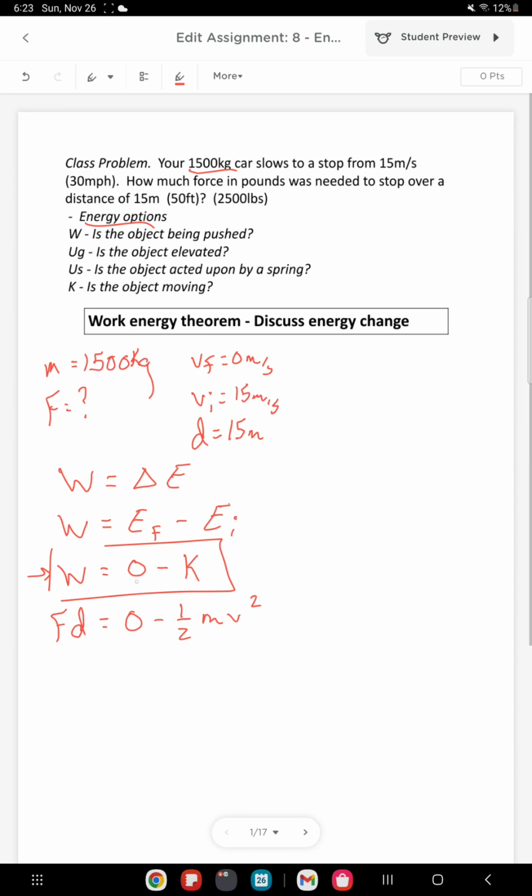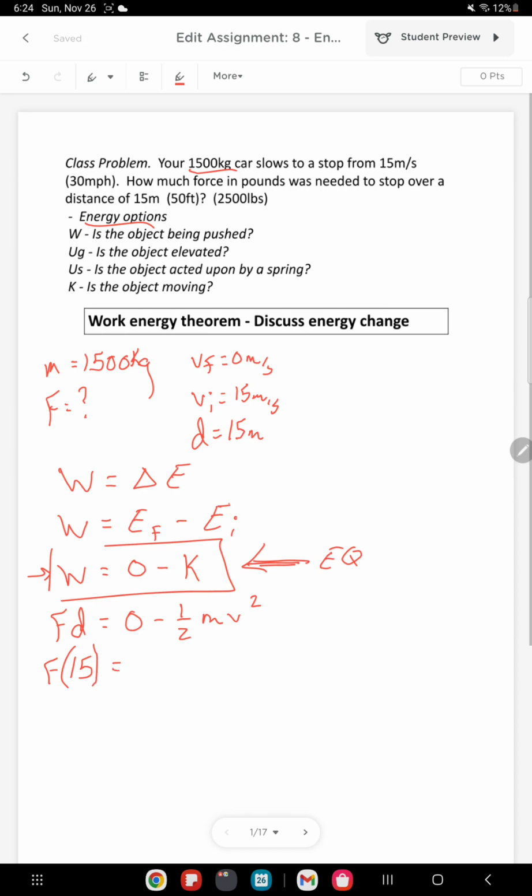Make sure you're writing this out. After this step, you're just looking up the equations, but this is the equation part, most important. Then you write out what the actual equations are, and then we do the setup where we plug everything in. So F is what we're looking for. D was how far the push happened, which would be the 15 meters.